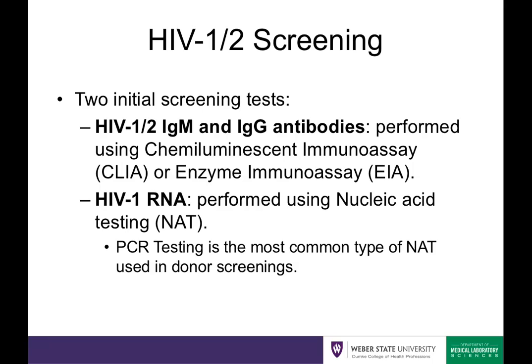And polymerase chain reaction testing is the most common type of NAT that is used in these donor screenings. It's also interesting to note that the same NAT that they use for the HIV-1 RNA test is the exact same test they use for the hepatitis B DNA and the hepatitis C RNA test as well.